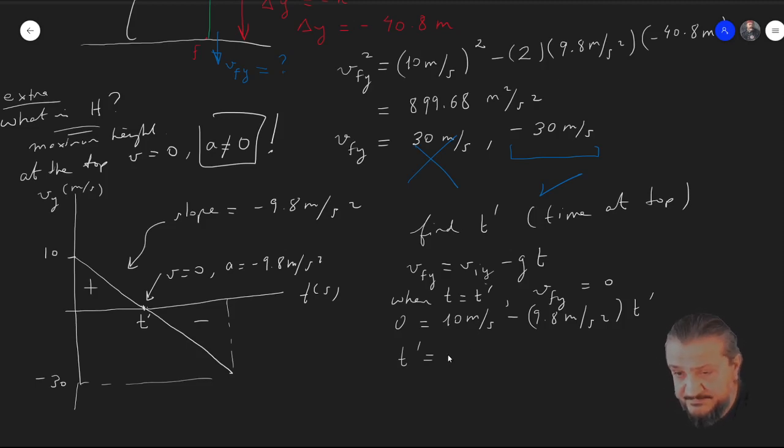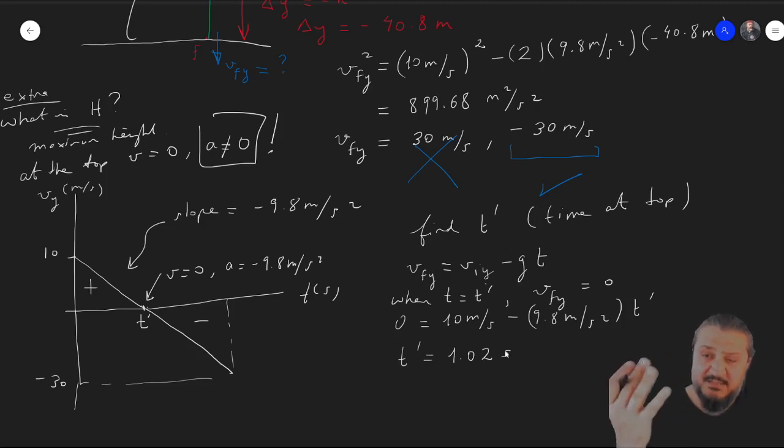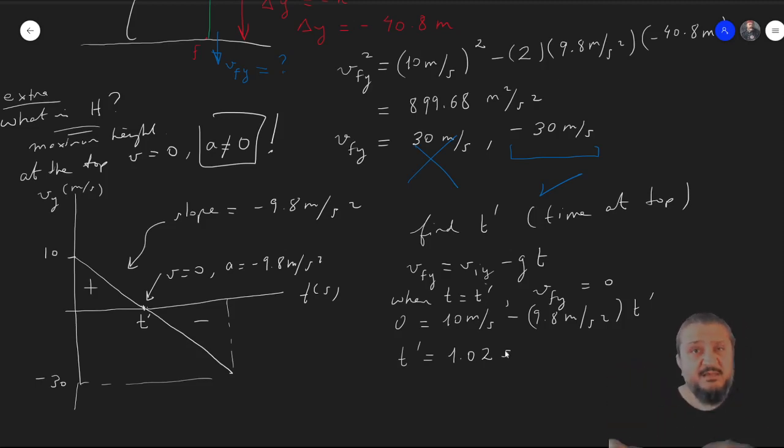1.02. Approximately 1 second, but let's say 1.02 seconds. Okay, so after approximately 1 second that you drop it, it reaches the maximum height. All right, so in that time it travels a distance here, which is simply the area here, right? So t prime is around 1 or 1.02.